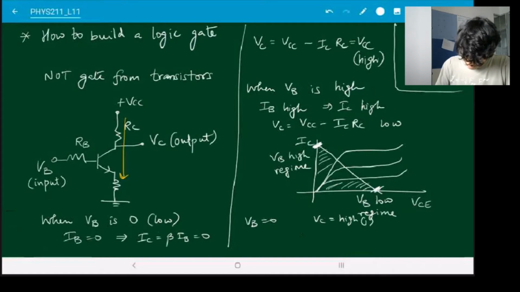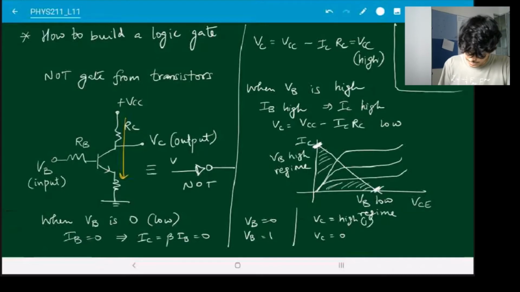Let's call this 1. And similarly, if VB is high, then VC is 0. So this is exactly like a NOT gate, where this is your VB and this is your VC.